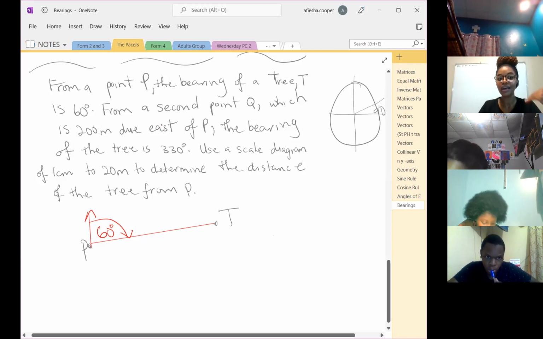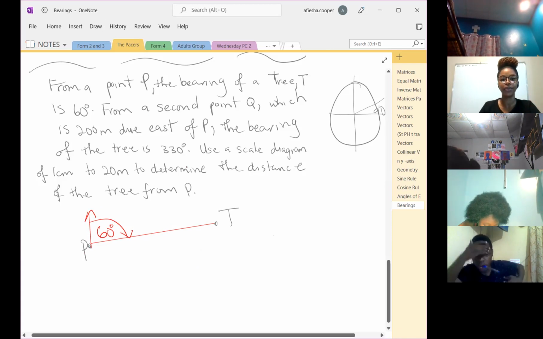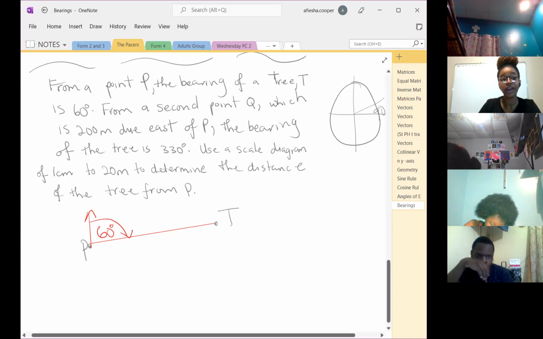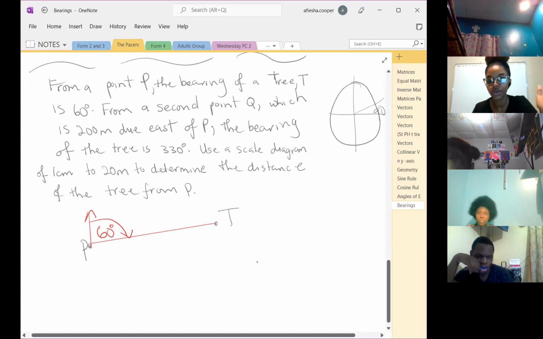So from a second point, Q, which is 200 meters due east of P. So I have a second point that is 200 meters due east of P. So according to that, if we do it on the graph, 1 centimeter represents 20. So that is how many boxes we have to go across? 10, right?